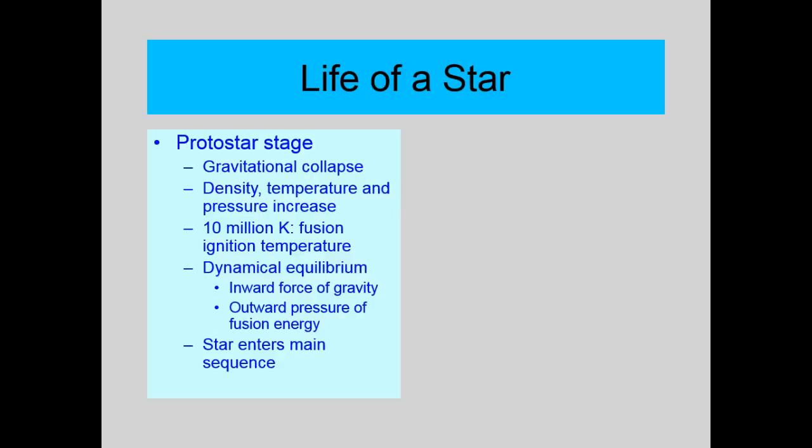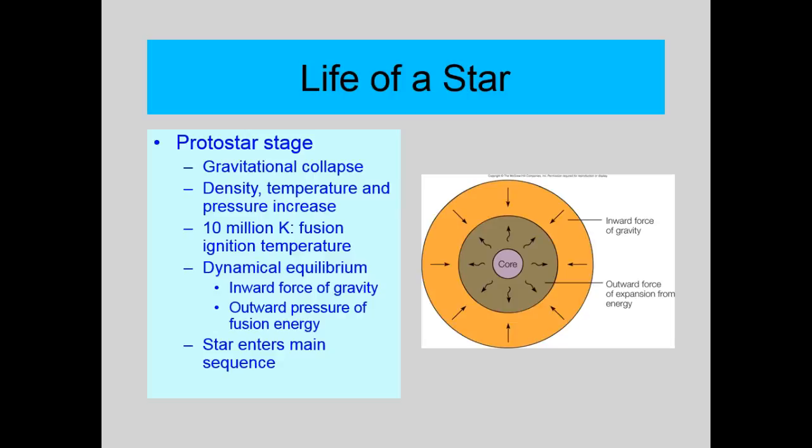When that is reached, after the protostar stage that ultimately is going to become a star, then you have a star in the main sequence. So maybe those Cepheid variables are new stars that haven't quite reached this yet, and that's what we're measuring. They aren't real clear on where they fall here, but that would kind of make sense. Whether it's true or not, I don't know, but it kind of makes sense.